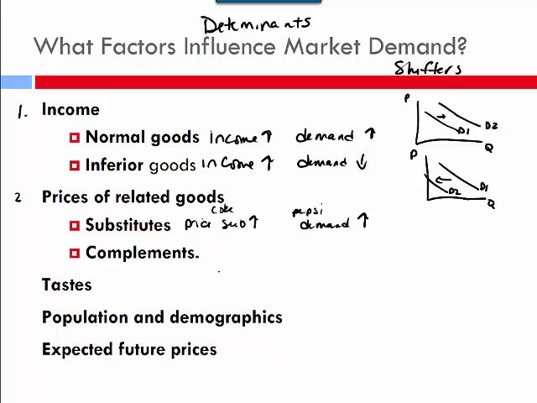The other thing we have here is complements, okay? And these are two things that go together. All right, let's say peanut butter and jelly are complements, right? Oh, actually, I'm going to do a different one. I'm going to do hot dogs and hot dog buns, okay? If the price of the complement goes up, if the price of hot dogs goes up, the demand for hot dog buns will go down.